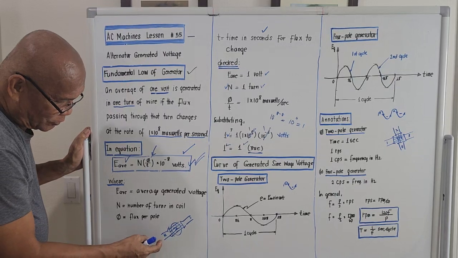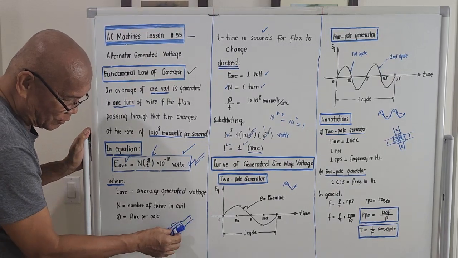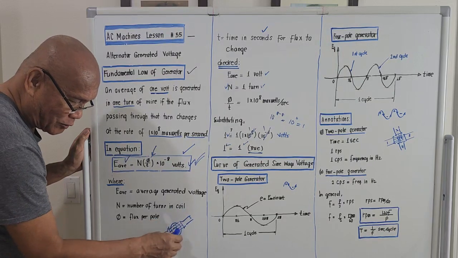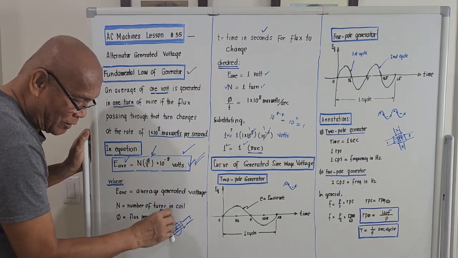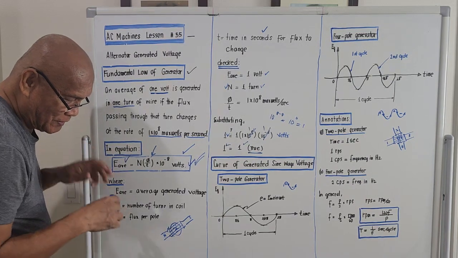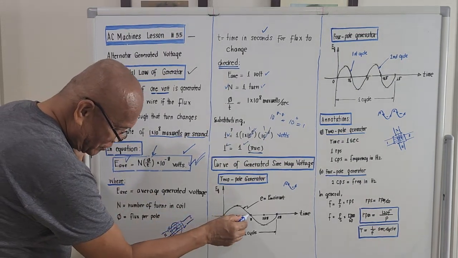If we have a north pole and a south pole, of course they will create a certain flux over here. If we rotate a conductor around this flux, as it passes through the north pole, it will generate this voltage here.